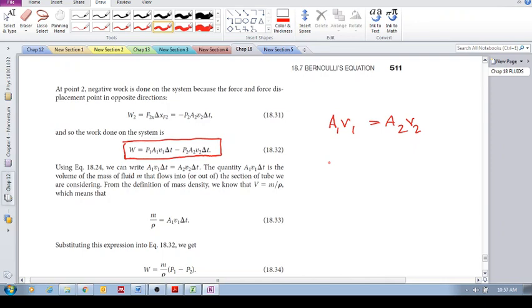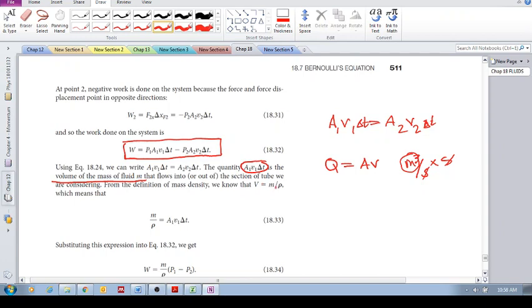Remember that your volume flow rate was A v, which was meters cubed per second. So if we multiply by delta t on both sides, we're basically multiplying by time and getting the total volume. So this A v delta t is the volume of the mass of fluid that flows into or out of the section.